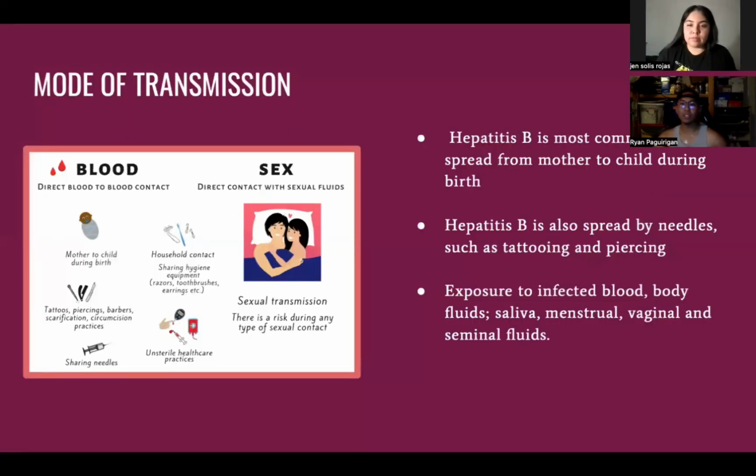In regards to the mode of transmission of HBV, it's spread via direct contact via sex, which is vehicular transmission, or via bodily fluid transmission, whether it's blood, semen, or other body fluids like menstrual secretions, where a person who is infected infects another person who does not have the infection.